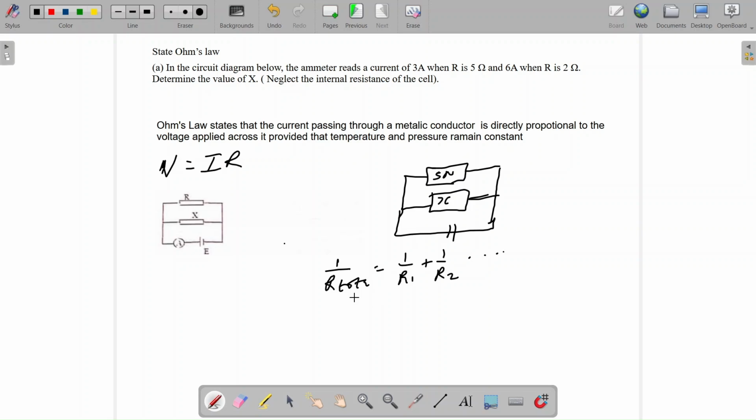So when your current is 3 amps, let's look at this.